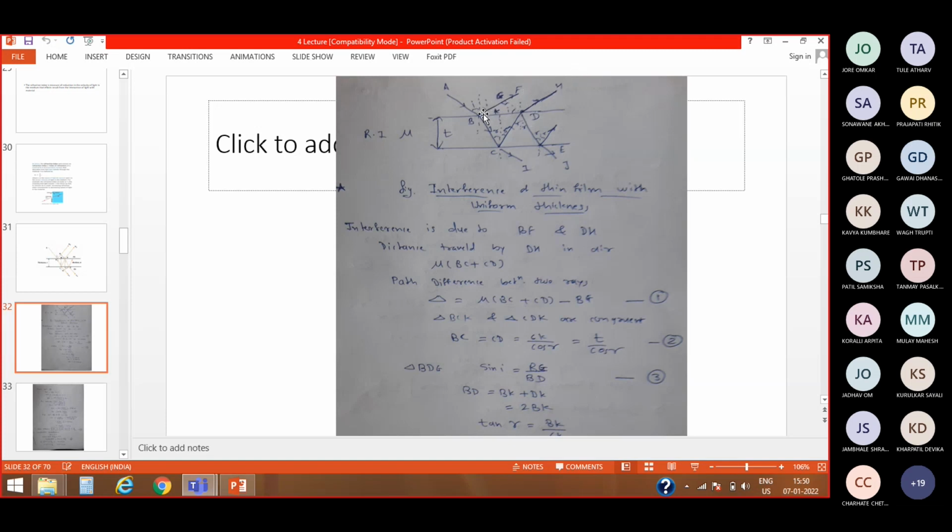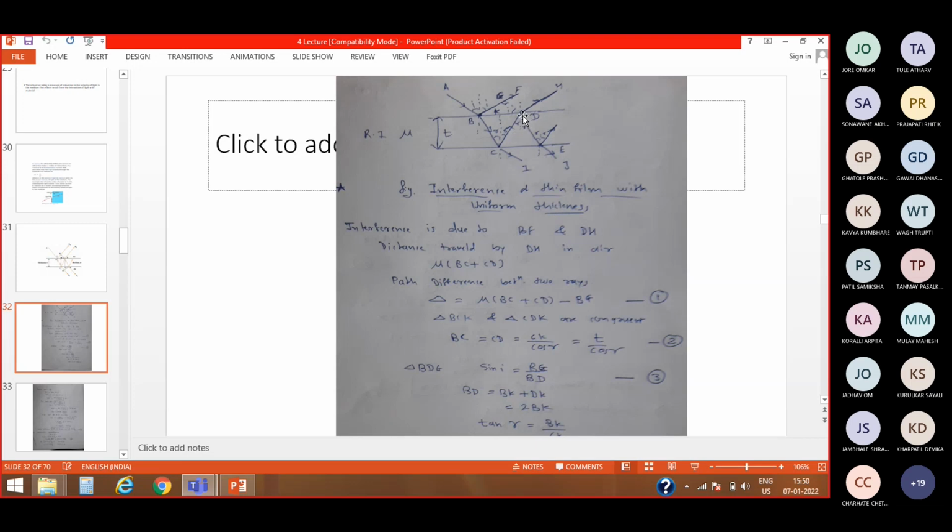If we say BF is the ray R1 and DH is the ray R2, there is some path difference between both the rays from the point of reflection. So the distance traveled by DH in air is equal to mu into BC plus CD. Mu is the refractive index of the material. And the path difference between the two rays is delta equal to mu into BC plus CD minus BG.